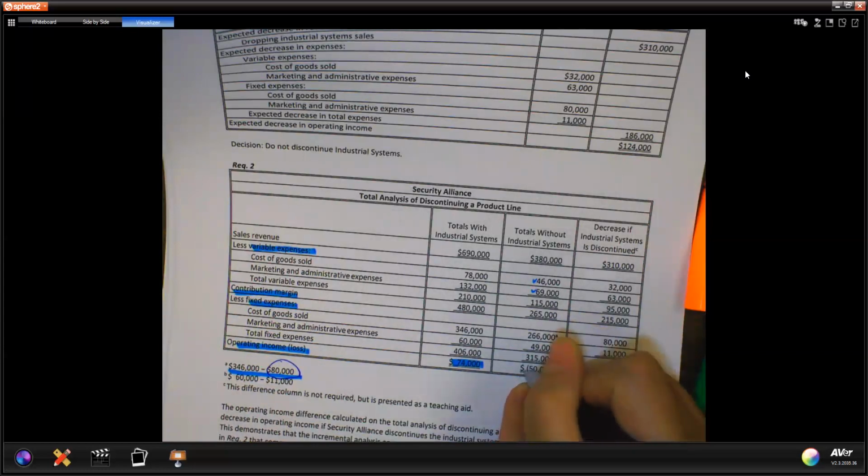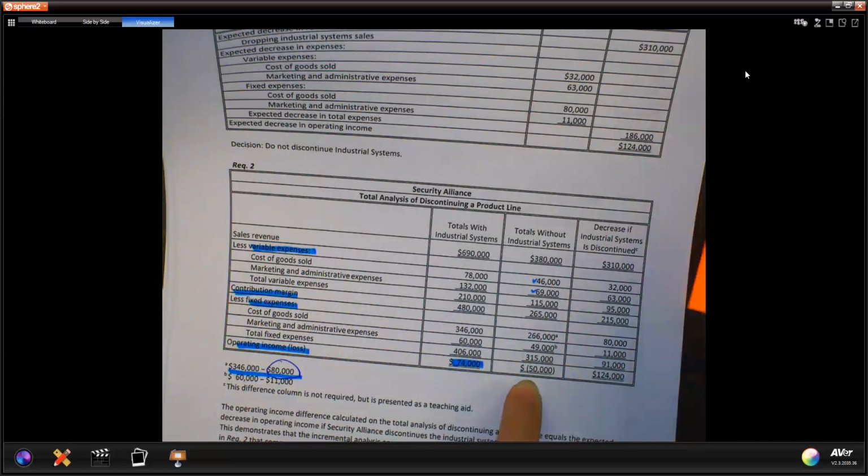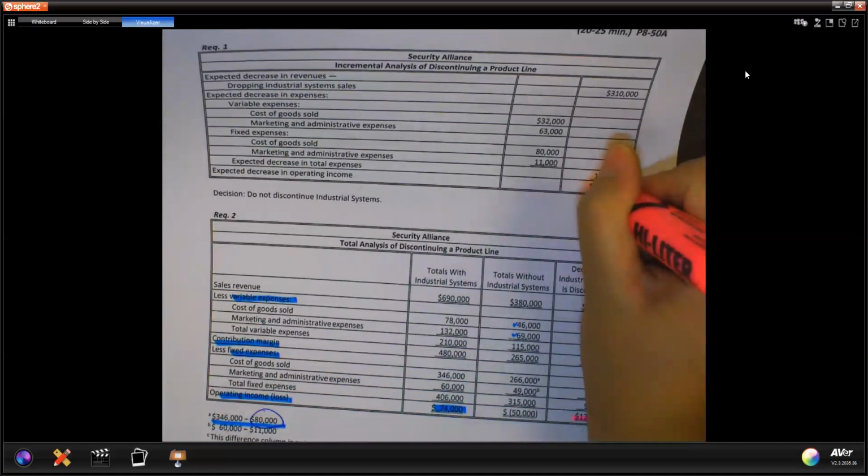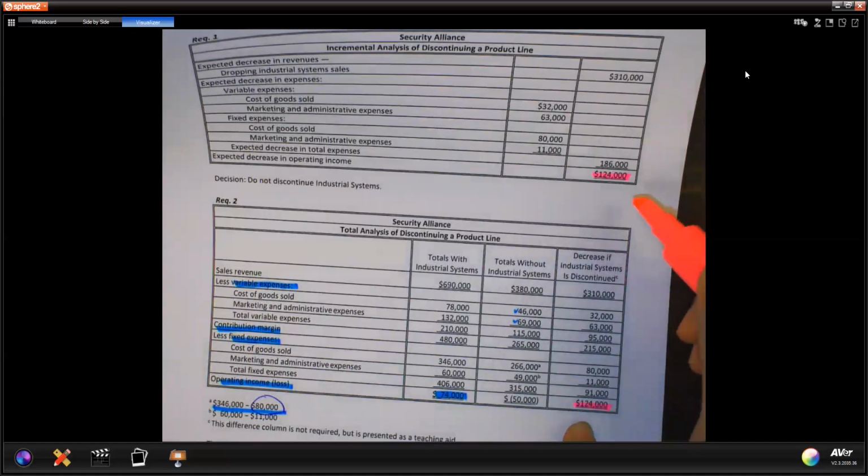Therefore, your total operating income, if you discontinue your industrial system, will be a loss of 50,000. So the difference is actually you are losing $124,000 by discontinuing the industrial system.